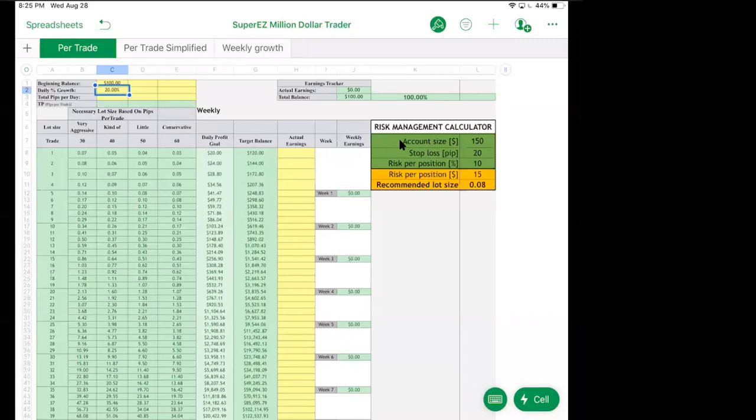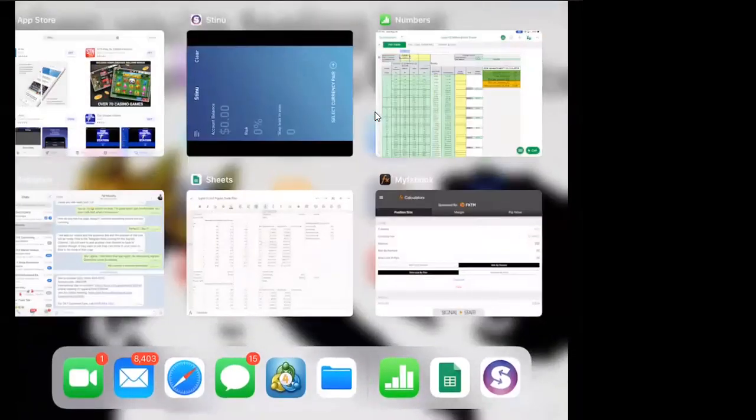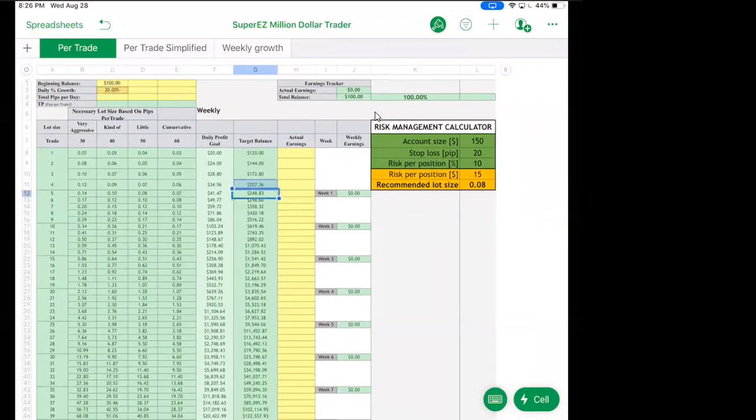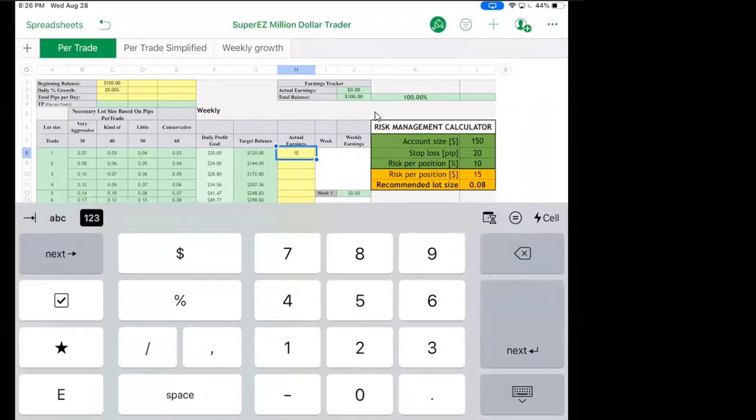Yes. So that's something that I really need you guys to understand. So it's a little harder. Sorry about this. There we go. Okay, my tablet turned off. So let's just play with this a little bit. So let's say I made $121. So that's my actual, or whatever.